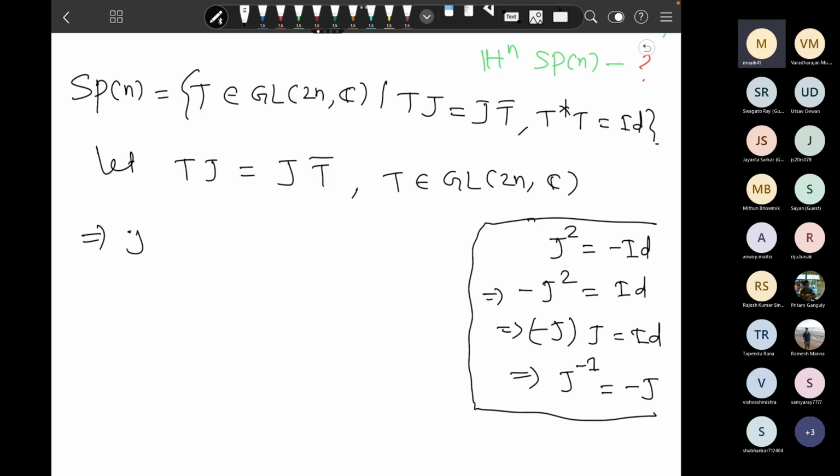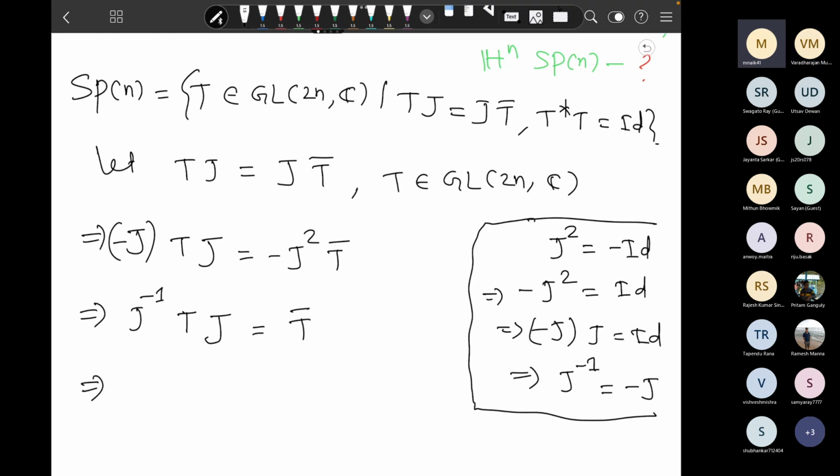Will you use this fact? You multiply by j inverse on both sides, that is, minus j on both sides: minus j T j is equal to minus j T bar, and minus j is your j inverse, so this is T, and minus j squared is equal to identity, so this is equal to T bar. Now you take the determinant on both sides.